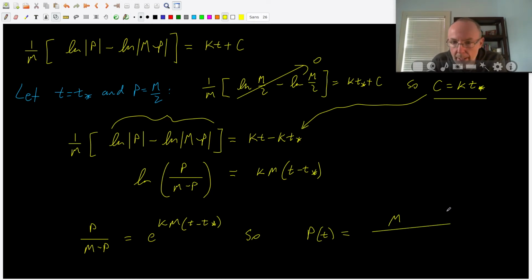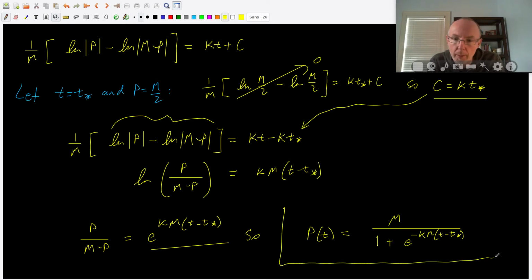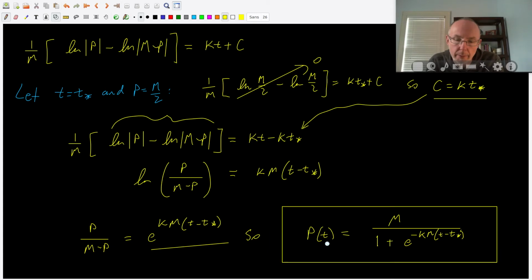We can write it as m divided by 1 plus that exponential e to the minus k m times t minus t star. So this has ended up in the denominator. I've rearranged some things, but you can do the algebra. There is our population as a function of time, provided that you are happy to use this t star thing, which is the moment when the population is at half of the carrying capacity.